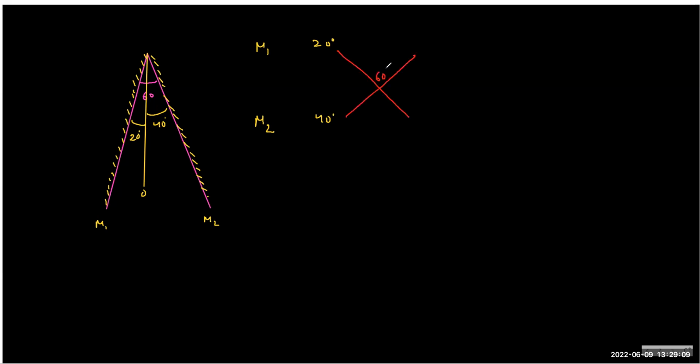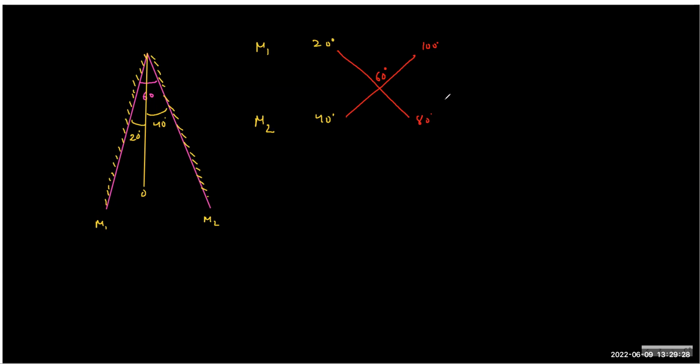The angle between them is 60 degrees. So add values: 20 plus 40 plus 60 is 100, and this is 80. Now, because the values individually are less than 180, we can accept the value, and the sum is also less than 360, so we can proceed.